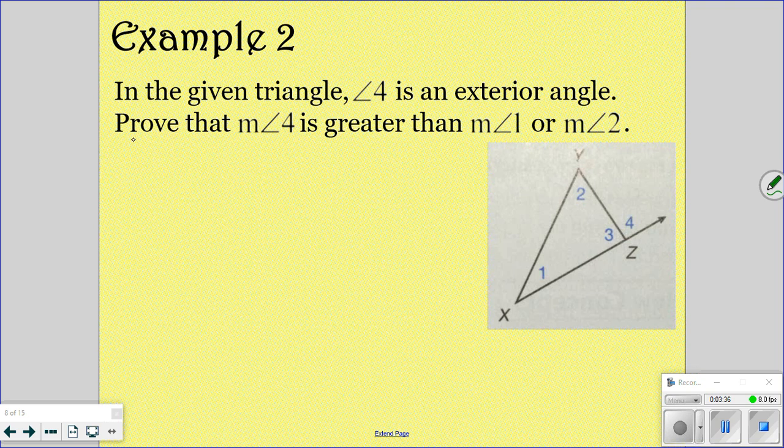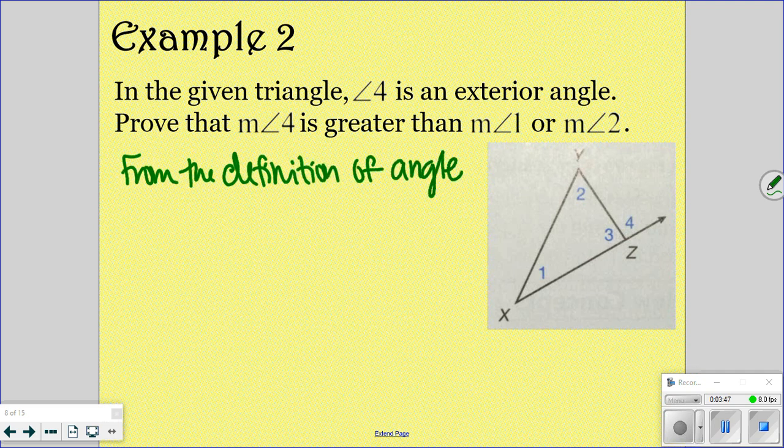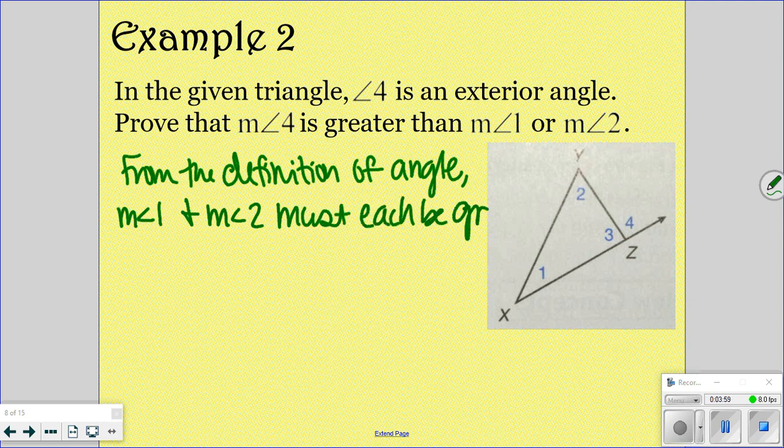So from the definition of angle, the measure of angle 1 and the measure of angle 2 must each be greater than 0 degrees, because otherwise it wouldn't be an angle.